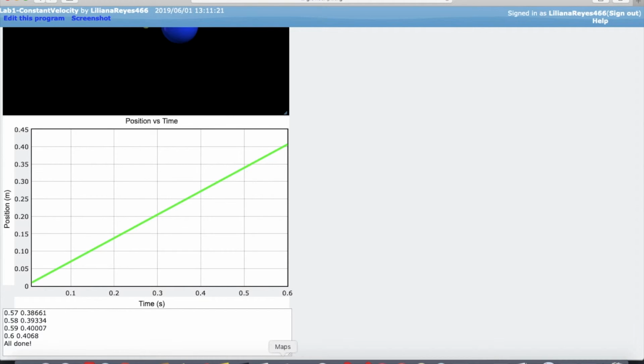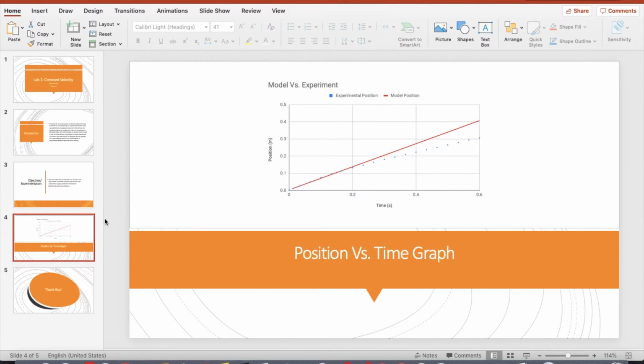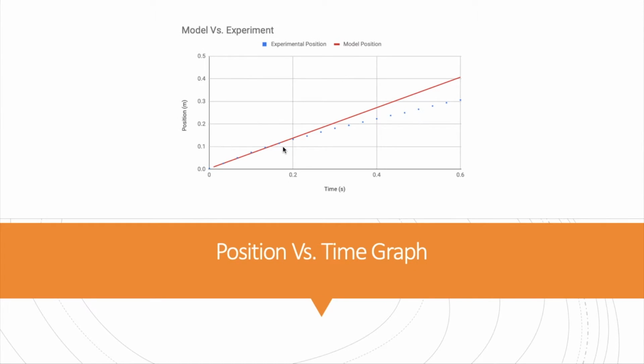Now we will take a look at our Excel sheet, which compares both of the graphs. As you can see, we have our model position as a red line, and we have our experimental position as blue squares.